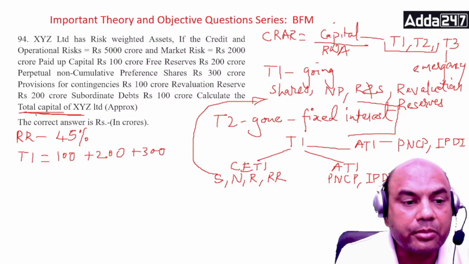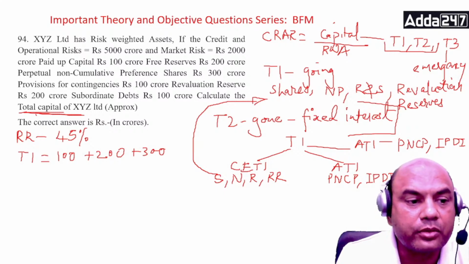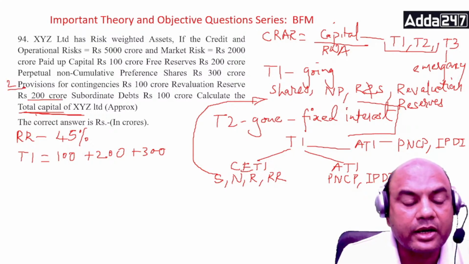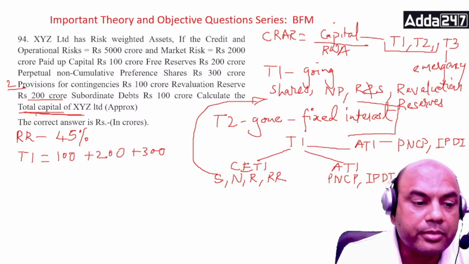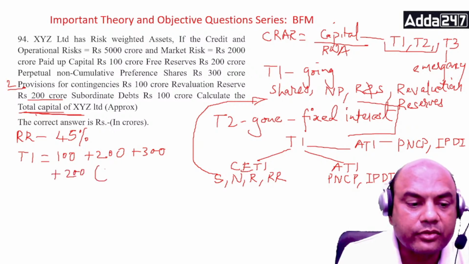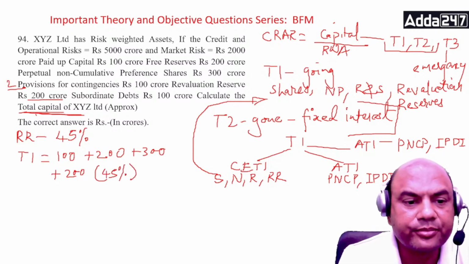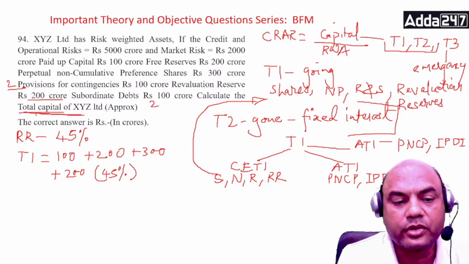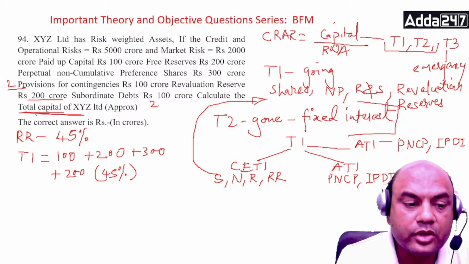Contingencies is a part of T2, so I'll write 2 over here. Revaluation reserves 200 crores, but I'll take it at 45%, so plus 200 into 45%, which is 90. Subordinate debt is a part of T2. Okay, so now calculate it. So my T1 is what?